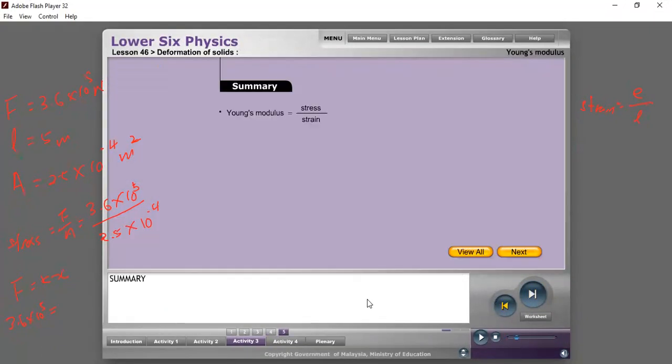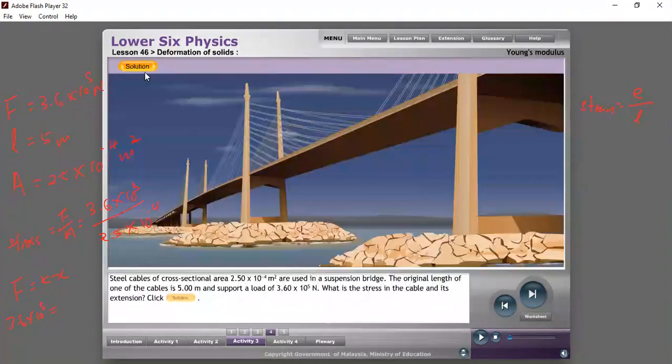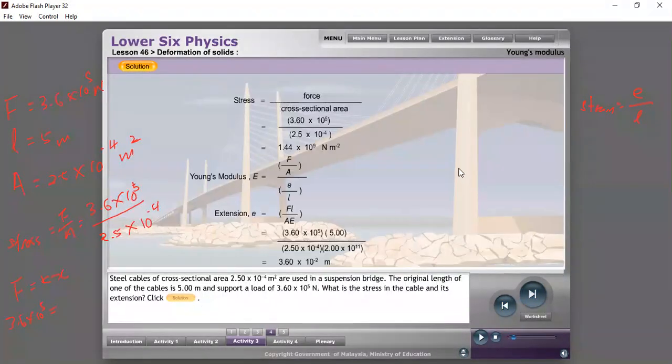Steel cables of cross-sectional area 2.50 times 10 to the power -4 meters square are used in a suspension bridge. The original length of one of the cables is 5.00 meters and supports a load of 3.60 times 10 to the power 5 newtons.